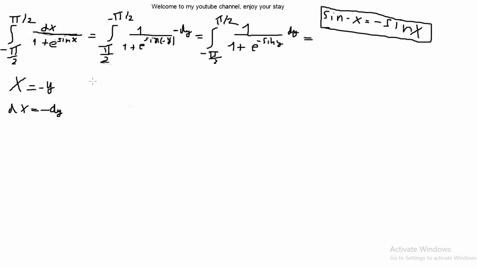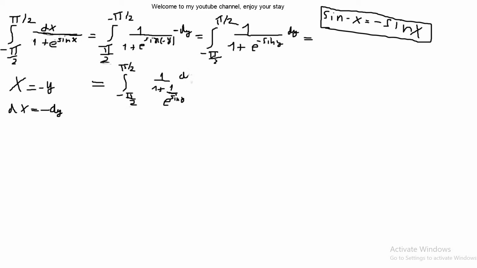This integral equals, we will just use some algebra from now on, the integral from minus pi over 2 to pi over 2 of 1 over 1 plus 1 over e to the power of sine of y, dy.